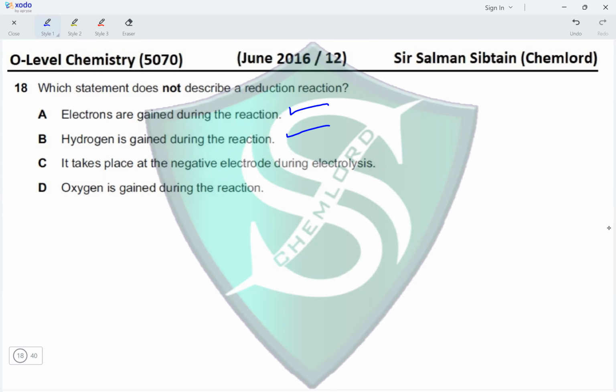Negative electrode is the cathode, and cathode is the electrode where reduction takes place. And oxygen is gained during the reaction. Gain of oxygen refers to oxidation, and when we refer to only oxidation, reduction is not being described by this statement. Therefore, the correct option for this question is option D.